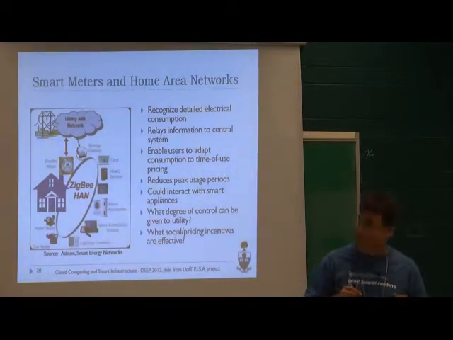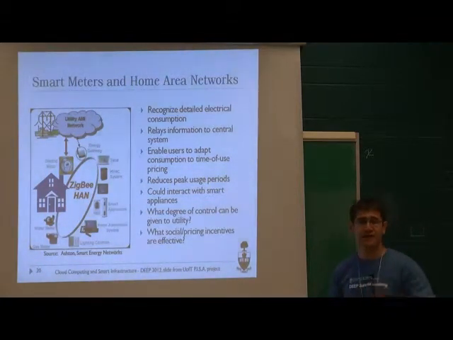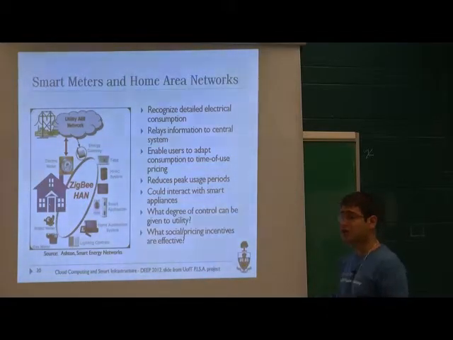The task of this smart meter includes the following: recognize the exact electric consumption that you have with the different devices. Relay this information to a central system, which could be the distribution center, for example, so that it would adjust the power generation in order to meet this usage.